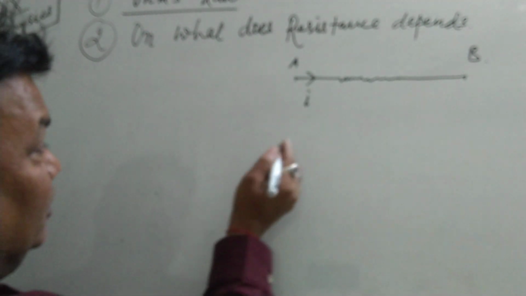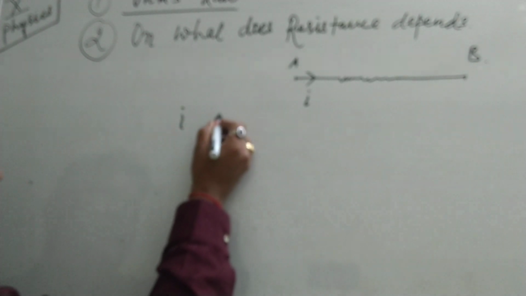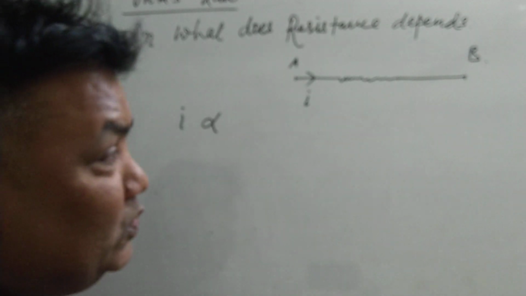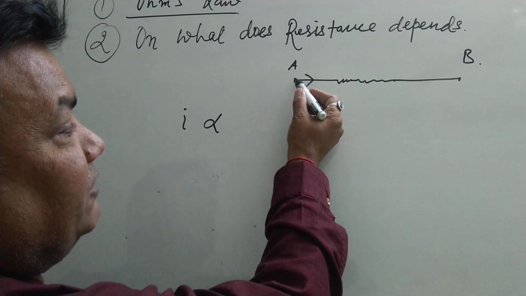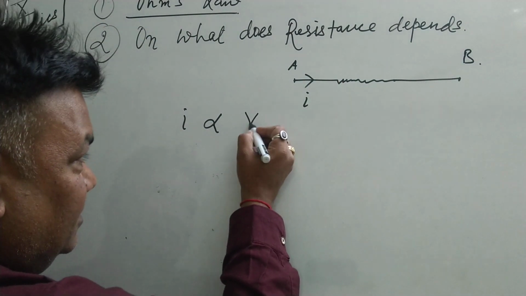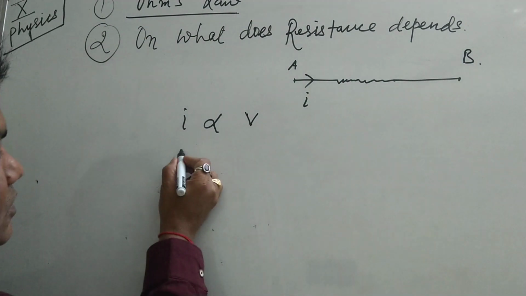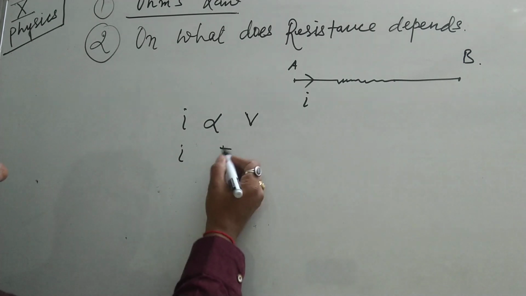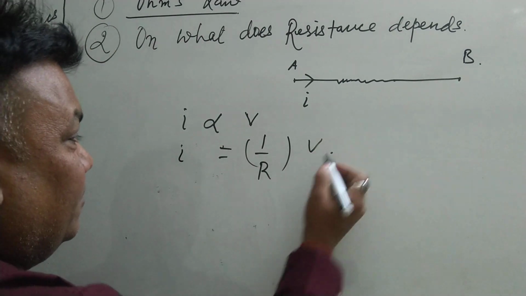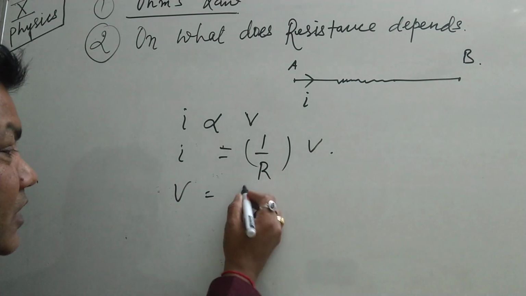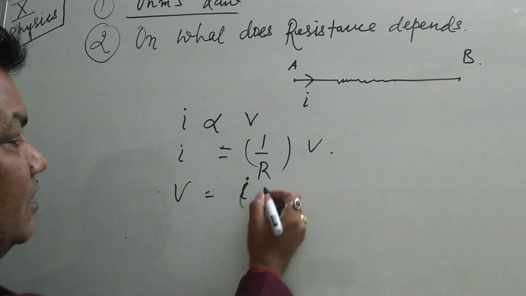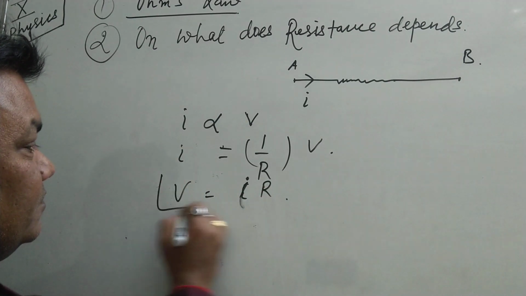According to Ohm's law, I is directly proportional to the potential difference across A and B. Suppose it is V. So you can write I is equal to 1 upon R times V, and V is equal to I R.